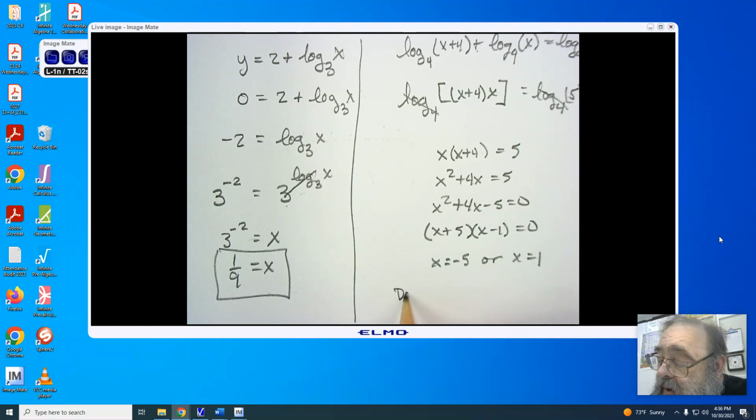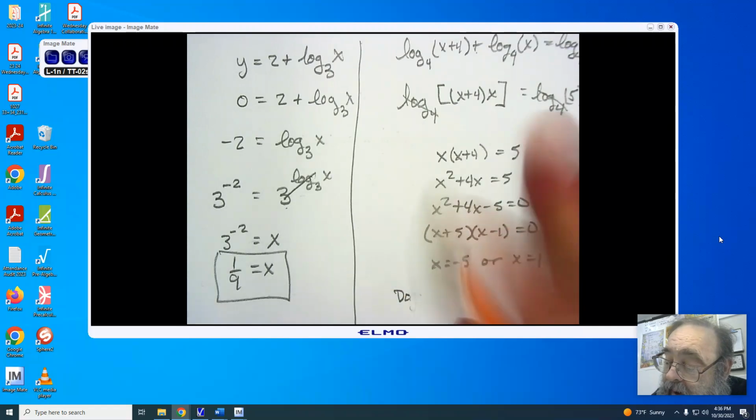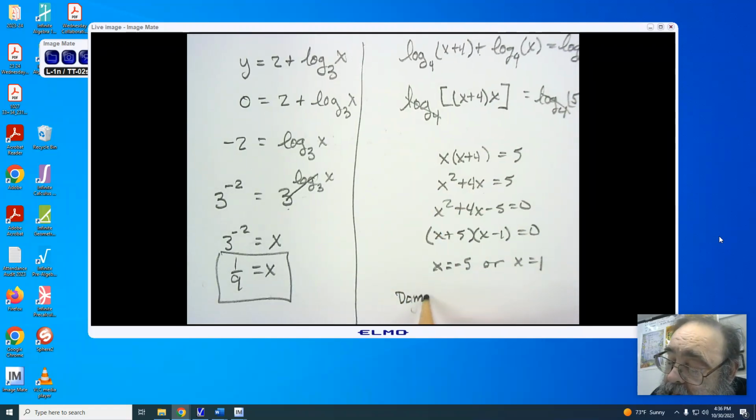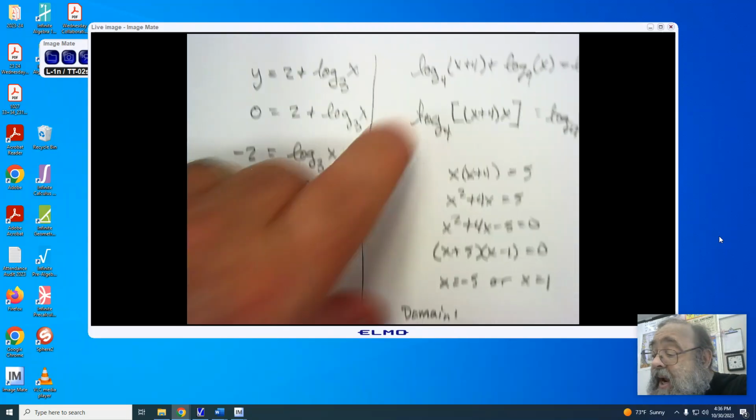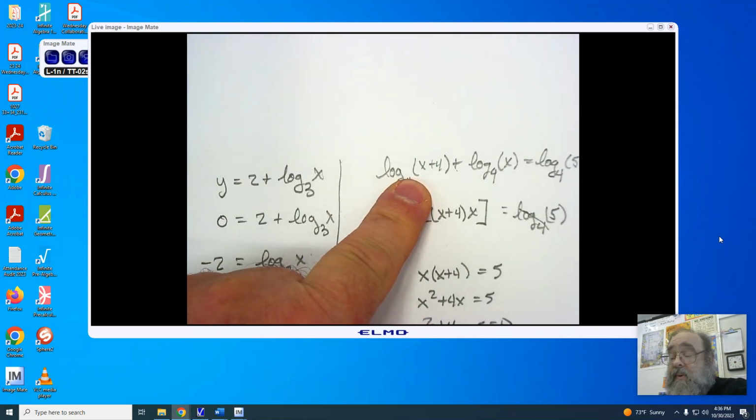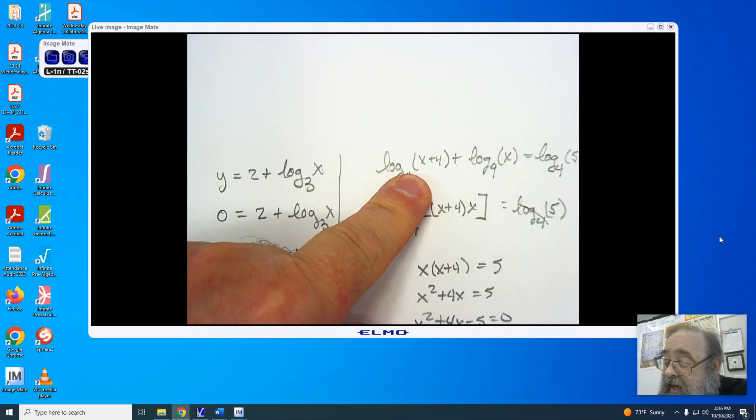But because this is a logarithm, we have to check our domain. Domain. And the domain comes from these two logarithms. You'll notice the first one says that x plus 4 has to be greater than 0, and the other says x is greater than 0.